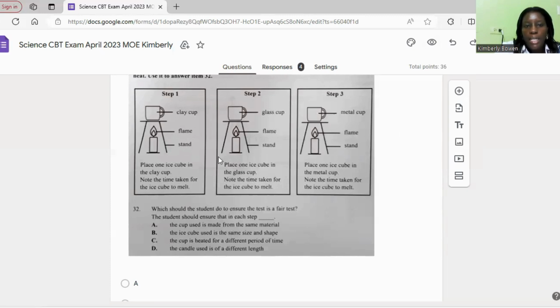And that's for all of them. It says place one ice cube in the clay cup and note the time taken for the ice to melt. So we must have the same sizes of ice cube and the same shape in order for us to clearly see the time it takes to melt the ice cube.